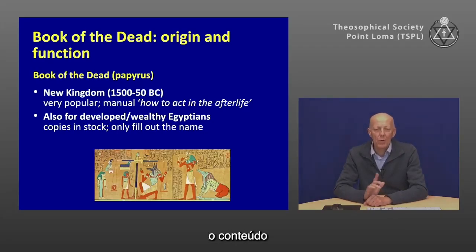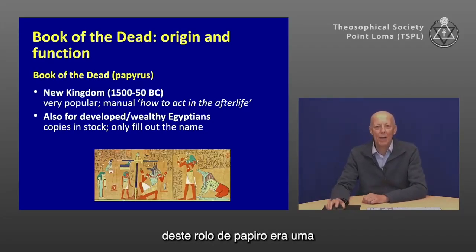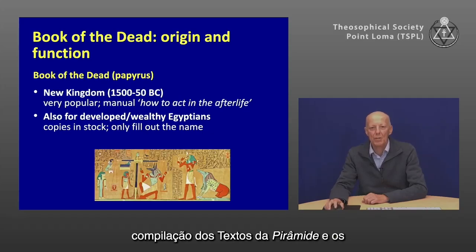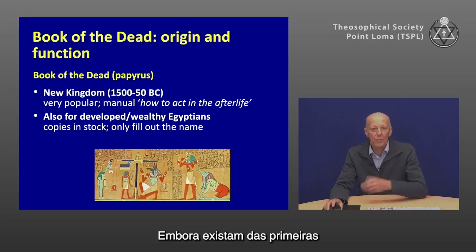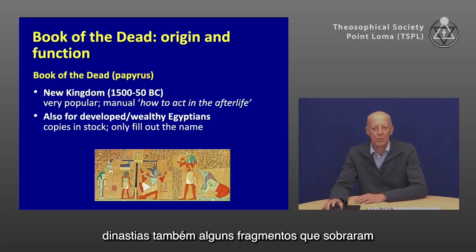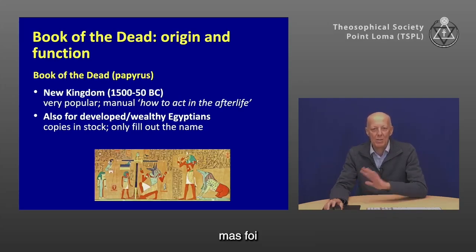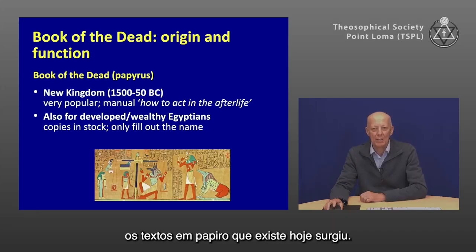The contents of these papyrus scrolls was a compilation of the pyramid texts and the sarcophagus texts. Although there are from the first dynasties also some fragments left over in the form of papyrus scrolls, this is basically how the papyrus texts that exist today came into existence.